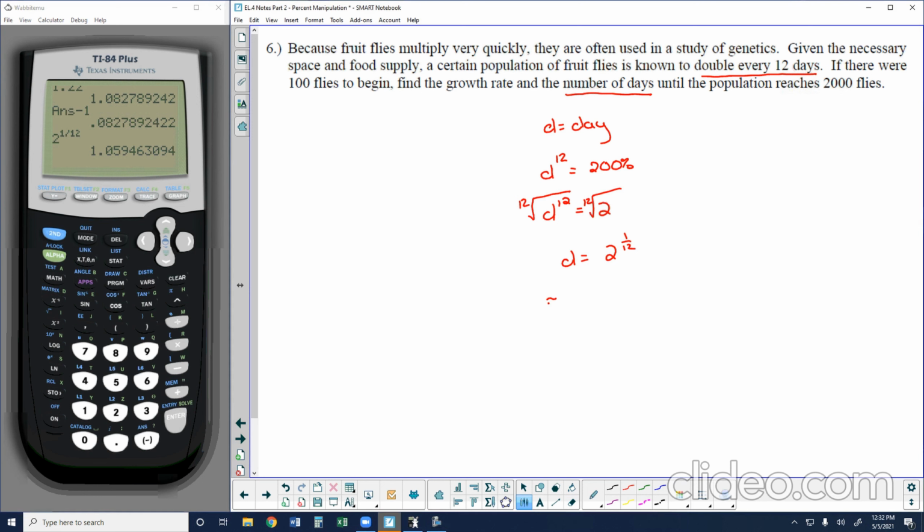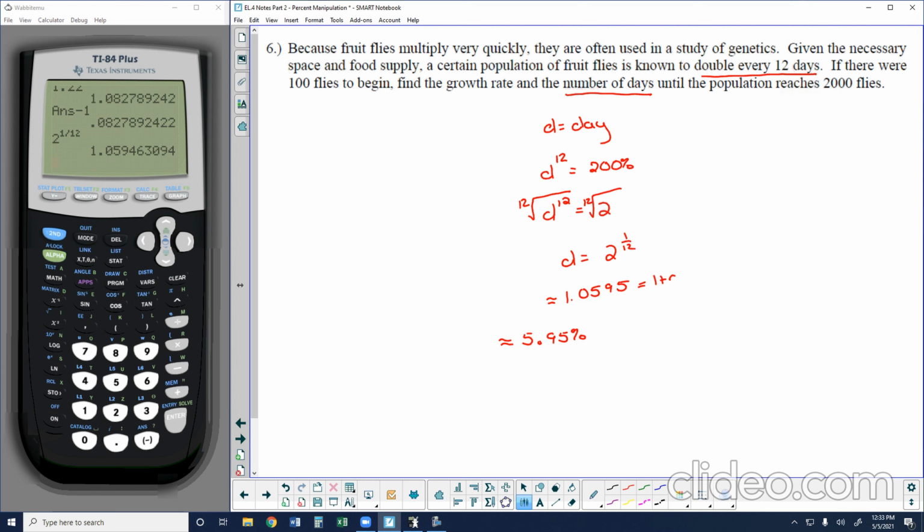This is approximately 1.0595. So the growth rate is approximately 5.95%. Again, this represents 1 plus r.